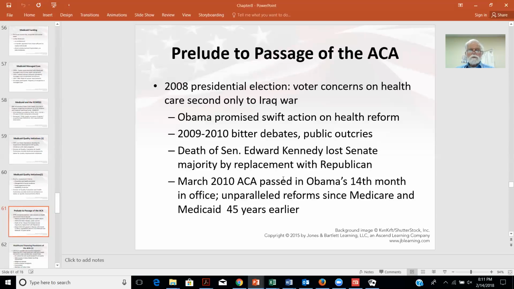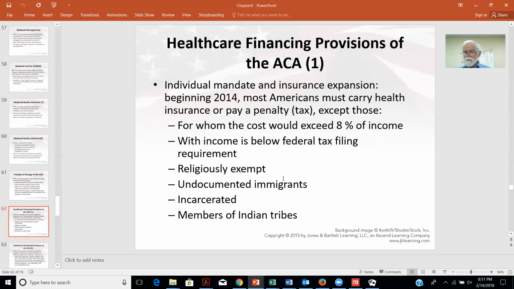The reason we were able to obtain the Affordable Health Care Act is that President Obama, during the election, made it a very high priority in his election, and they took about 14 months to put this together, trying to really pull together a fully thought out plan that had buy-in from all of the various players.